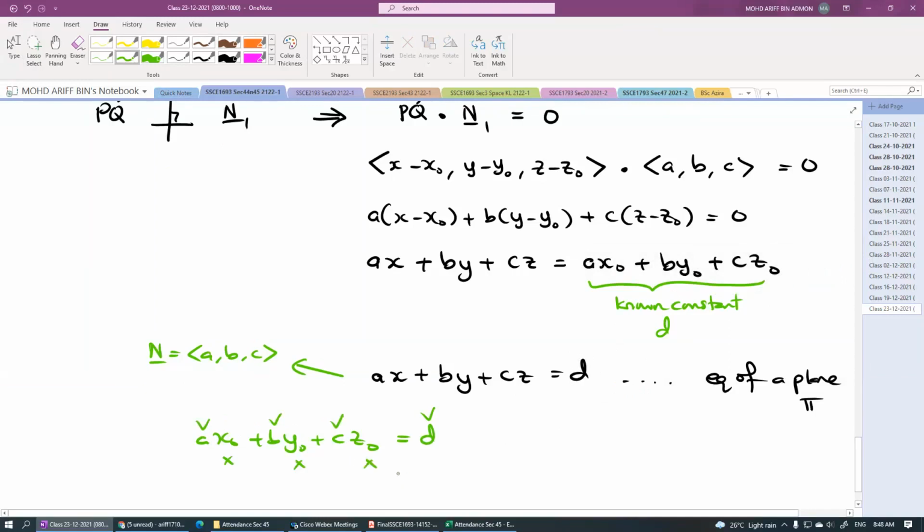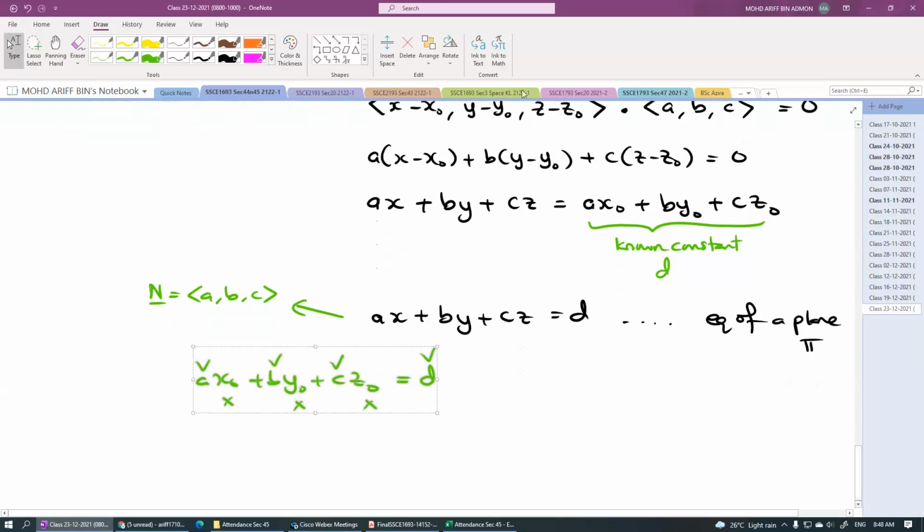You have three unknowns, but just one equation. Is it possible to get x naught, y naught, z naught? Not possible, because you have three unknowns. At least you require three equations.